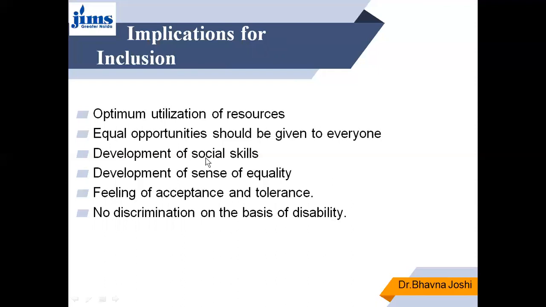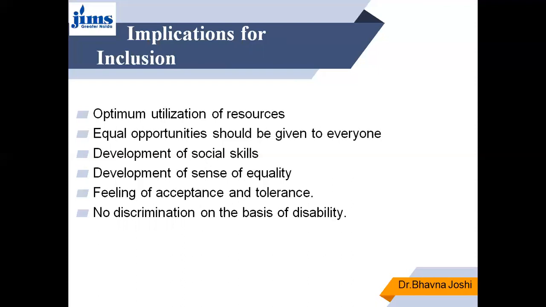Then development of social skills is very important. Then development of sense of equality. There should be a sense of equality, the students should have this sense of equality, that every individual is equal. So feeling of acceptance and tolerance.